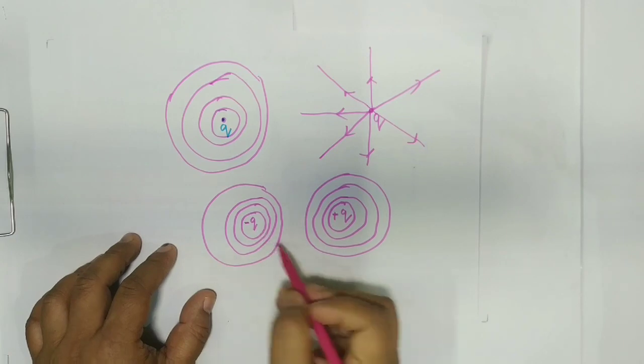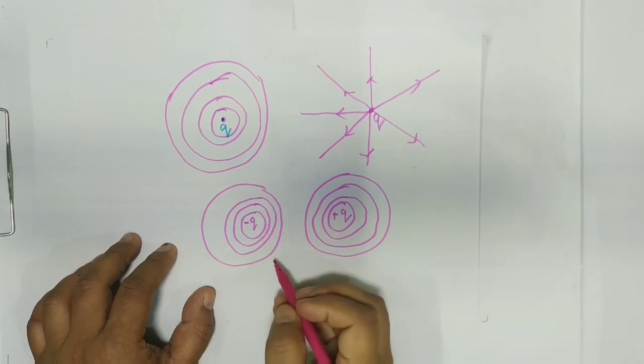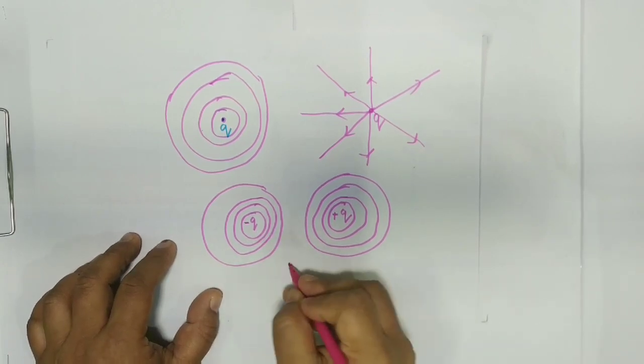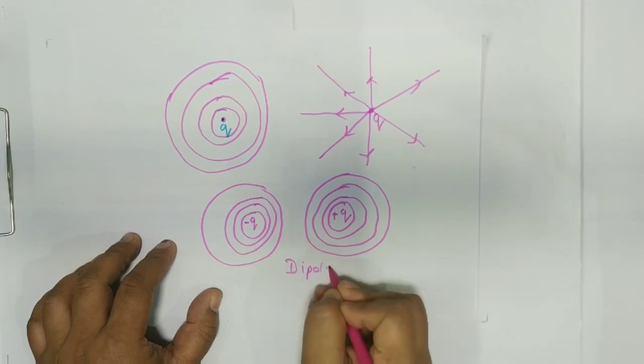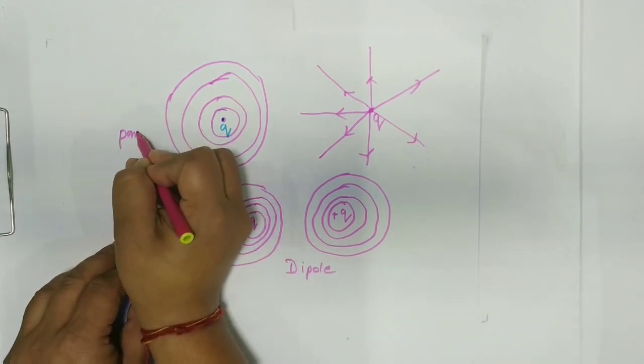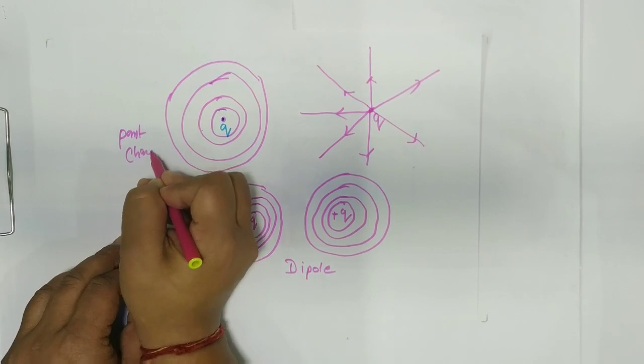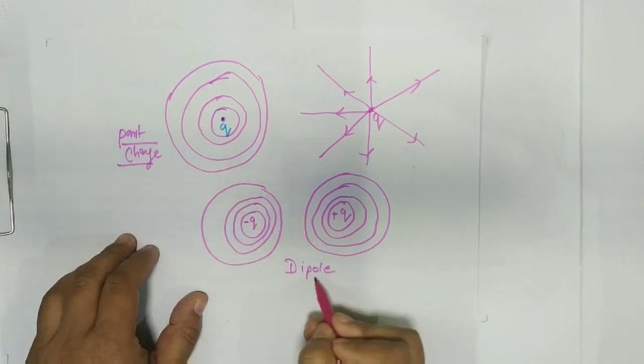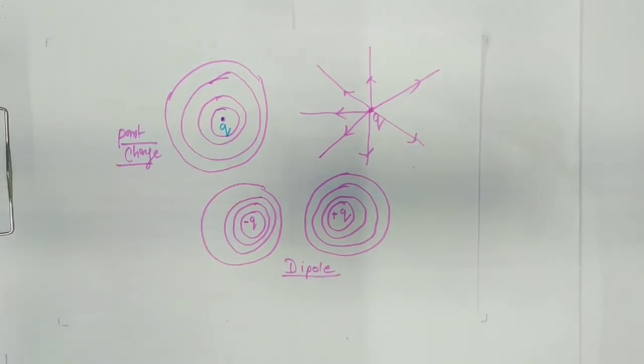So this is for the pair of opposite charges. That means it's for a dipole. It's for a point charge. It's for a dipole. So we can draw more equipotential surfaces.